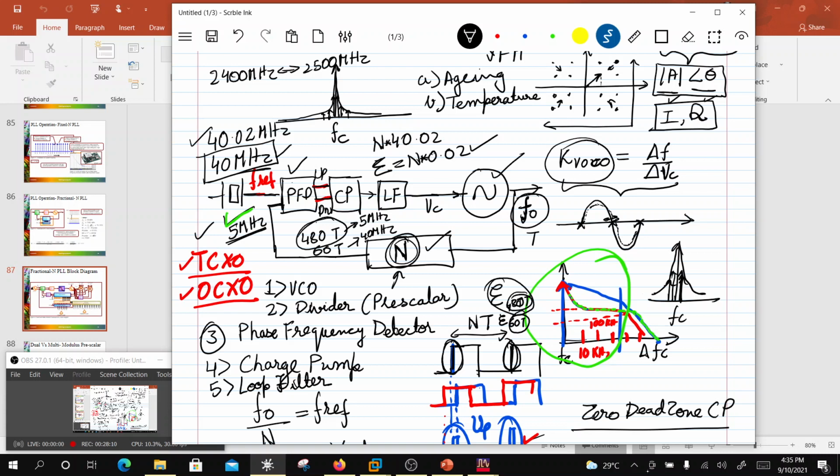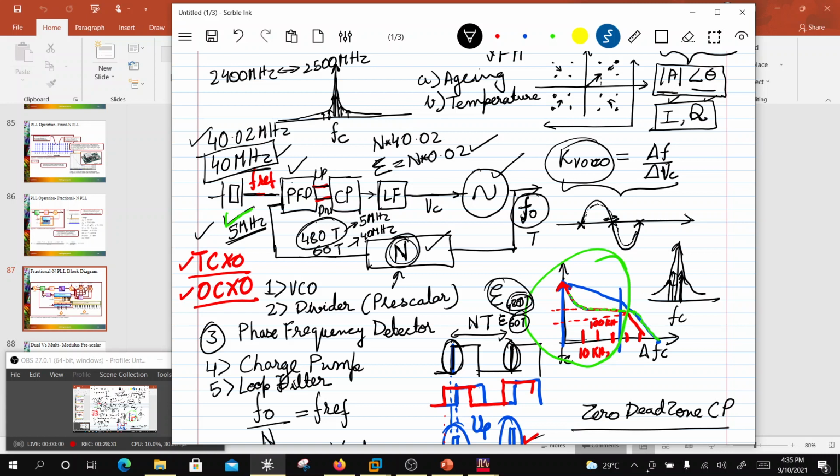And the second thing is, this is a DT approximation of a CT system. What do I mean by that? It is a discrete time approximation of a continuous time system. Now if I was to do the analysis of this loop in continuous time, it doesn't guarantee the stability of the loop.